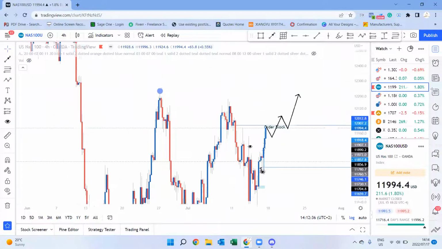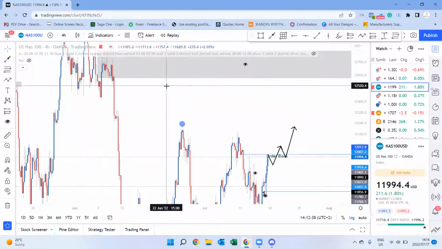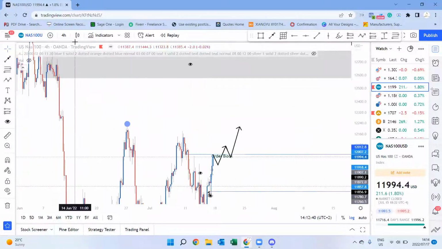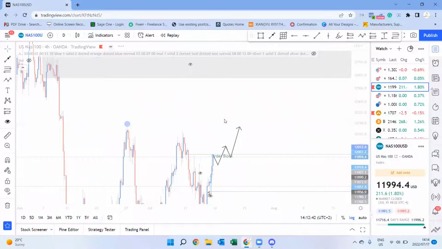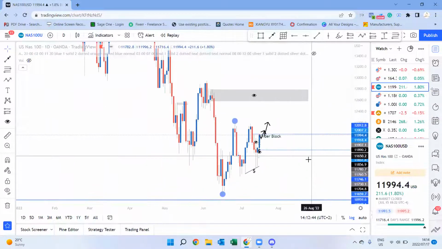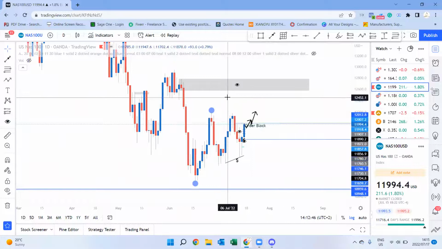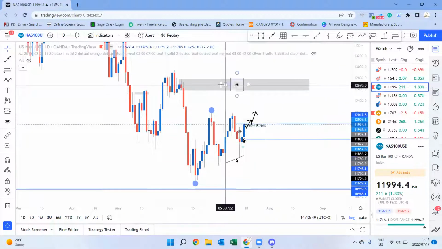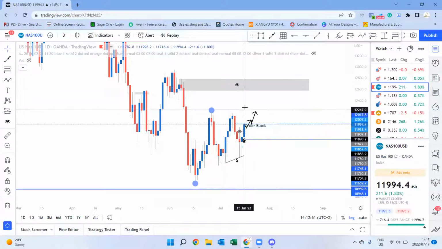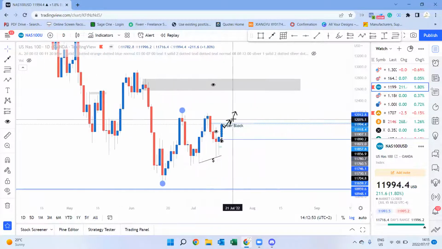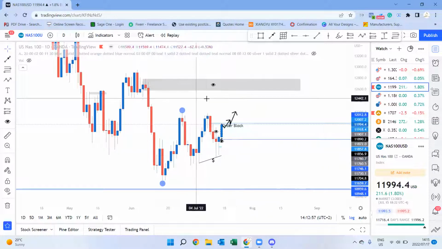I'm expecting a continuation until a daily level is reached. The daily level is sitting up here. If we go to the daily time frame, we can clearly see a very nice daily bearish order block sitting all the way up there. That's my next point of interest. So I'm expecting NASDAQ to be really bullish next week.